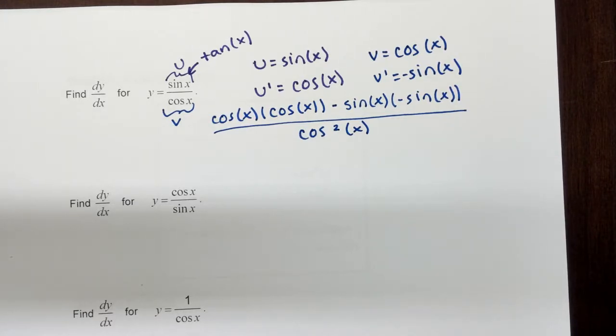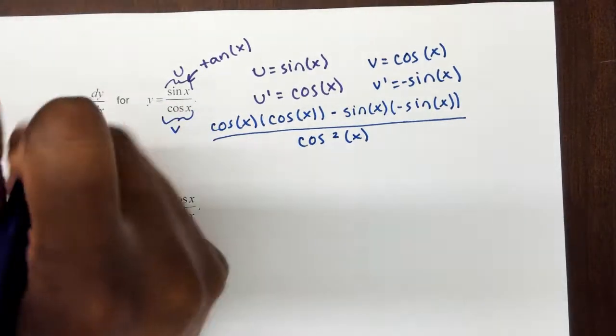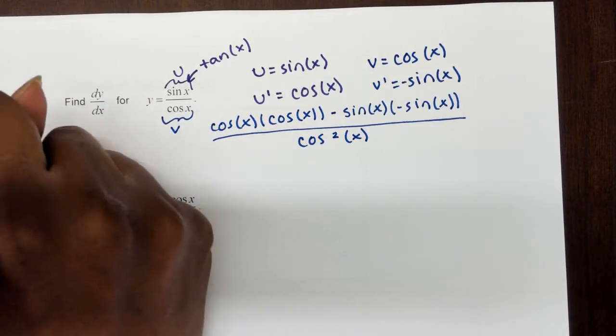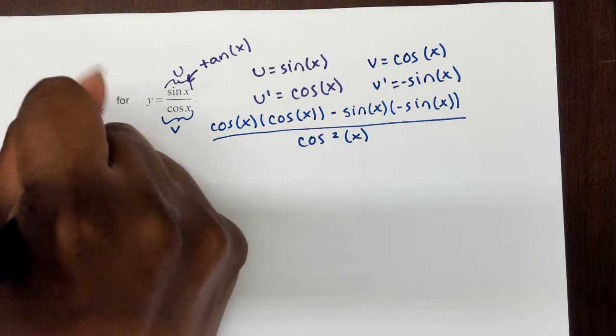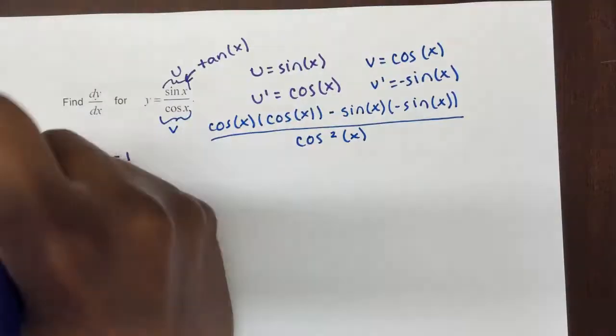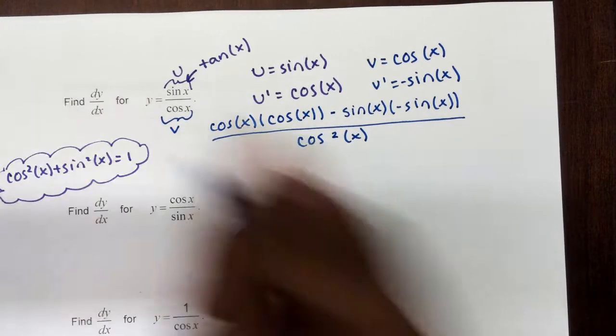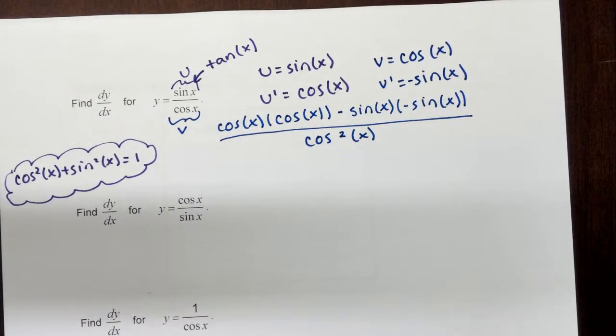Okay, so when you learn trig identities at some point, you learn, or you should have learned, that cosine squared x plus sine squared x is equal to 1. This is one of the trig identities that you should have learned.